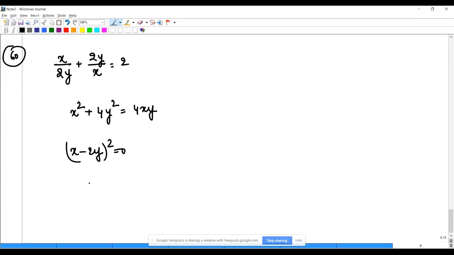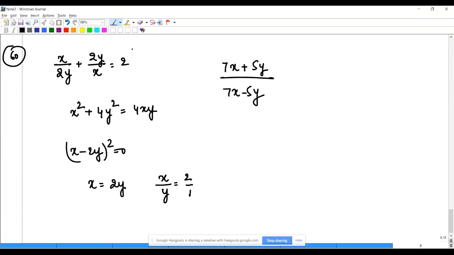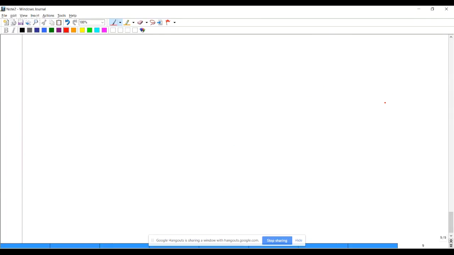So you can take x is equal to 2y, x by y is equal to 2 by 1. So you just need to substitute in 7x plus 5y over 7x minus 5y. Substitute 2 in this one so that you get 14 plus 5 and 14 minus 5. So 14 plus 5 is 19, 14 minus 5 is just 9. So the ratio is 19 by 9.